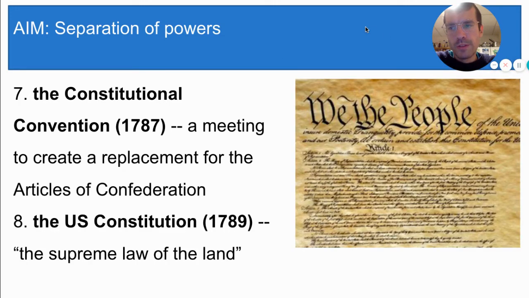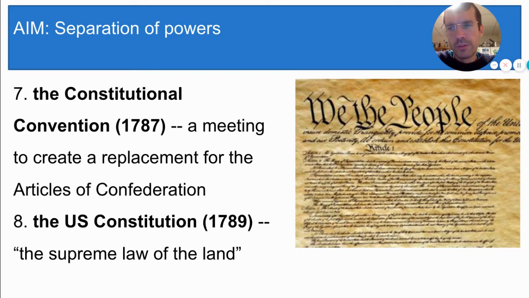The Constitution that the delegates created at the Constitutional Convention is called the U.S. Constitution. It's also often called the supreme law of the land because it is the highest authority in the United States.